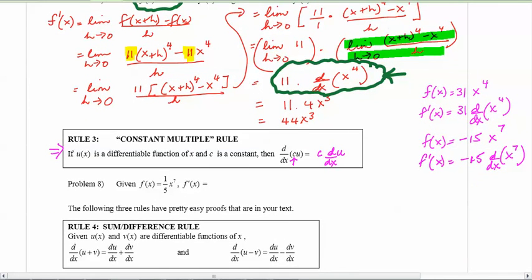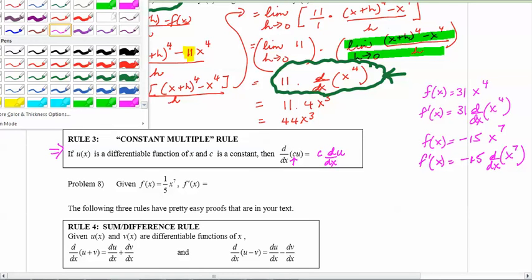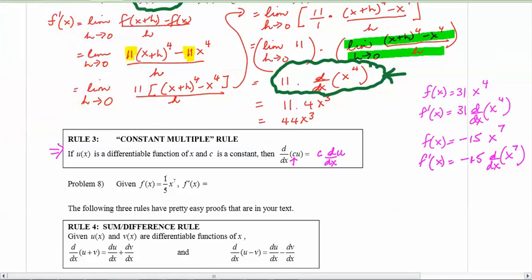All right, we have got problem 8. Given f of x is 1/5 x to the 7th, what is the derivative of it? That's f prime. Well, let's have a little look. We have got 1/5. That's my constant.